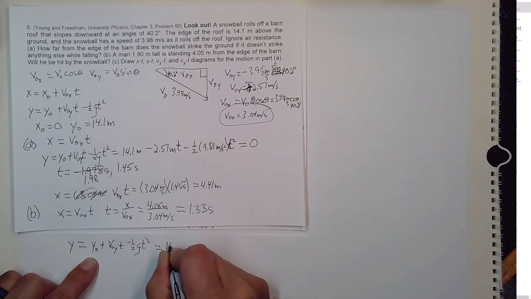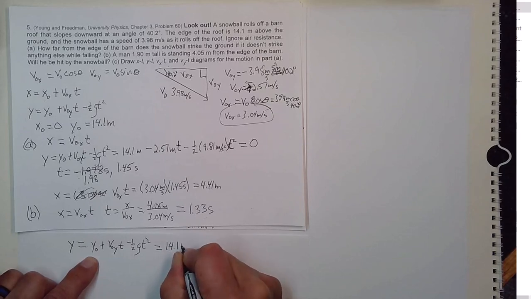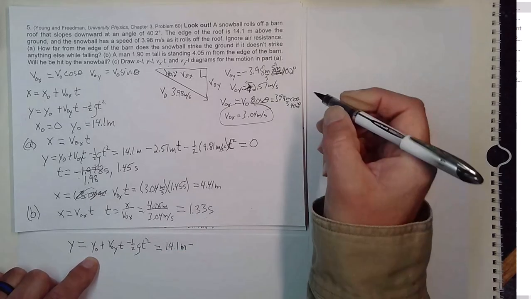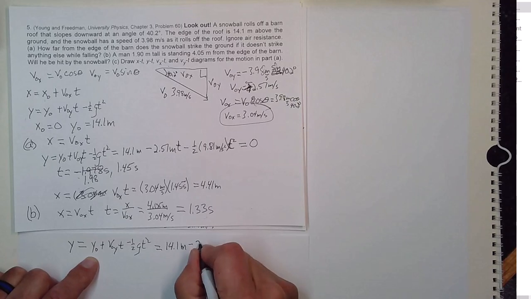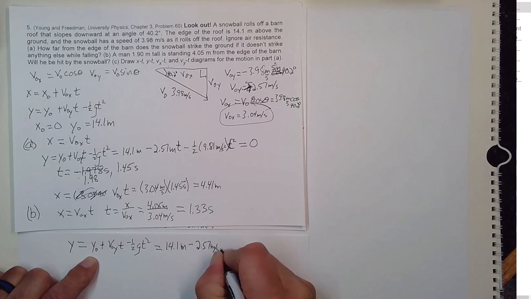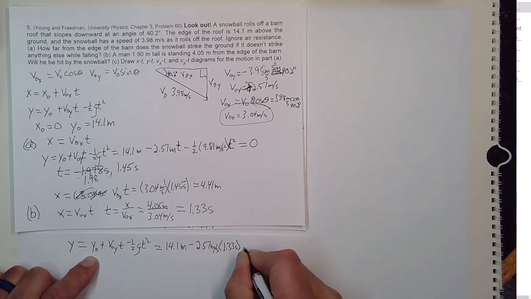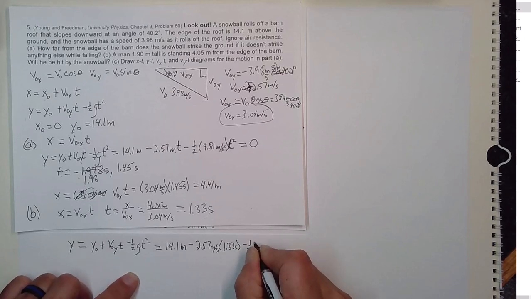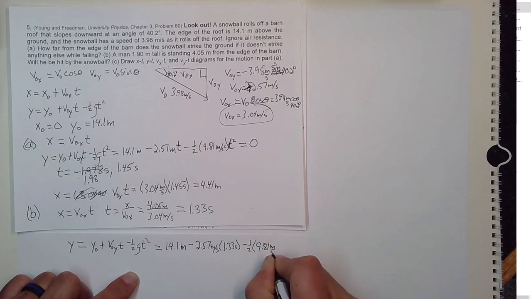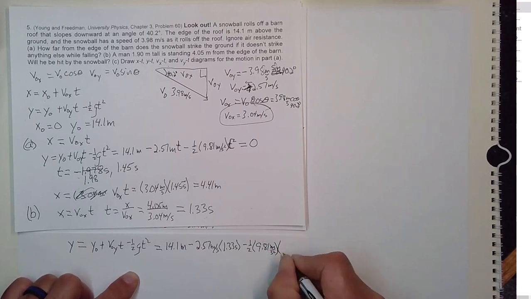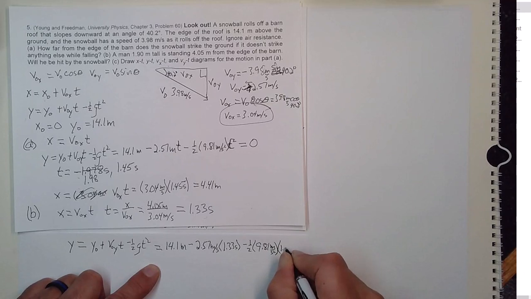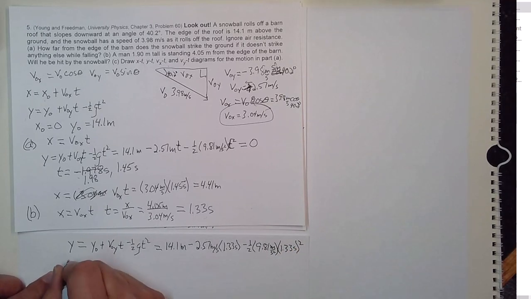So we'll have 14.1 meters minus the y velocity, 2.57 meters per second, times 1.33 seconds minus 1/2 times 9.81 meters per second squared, units everywhere, 1.33 seconds squared.